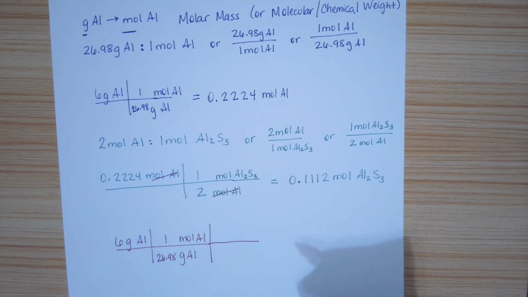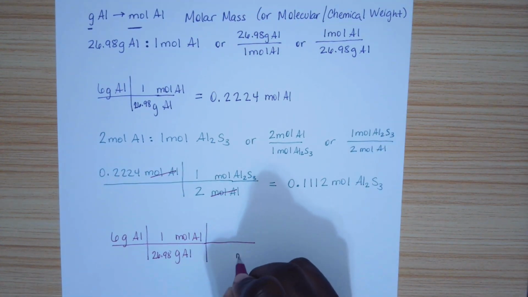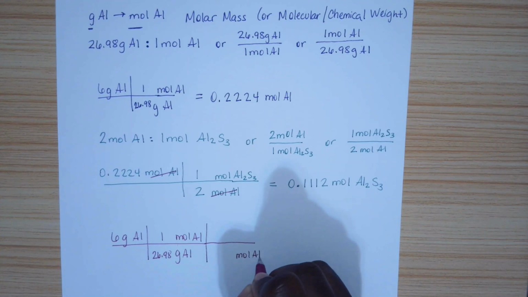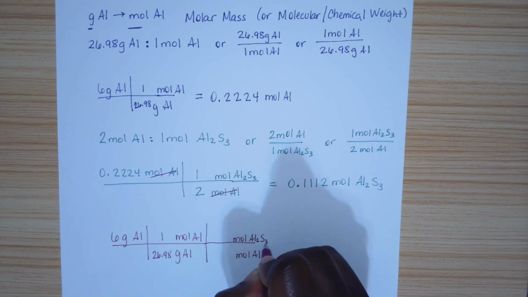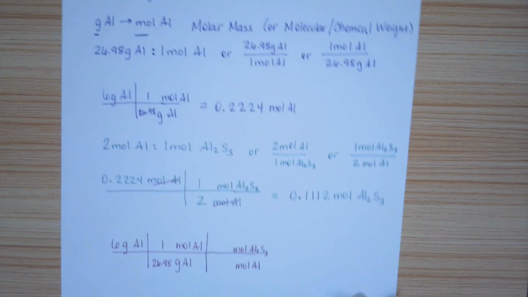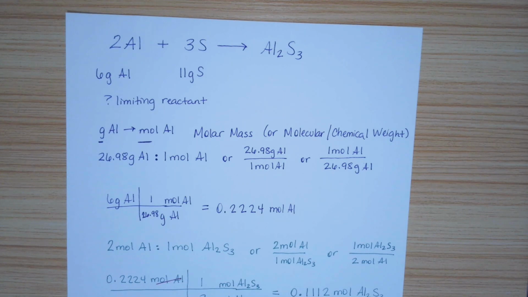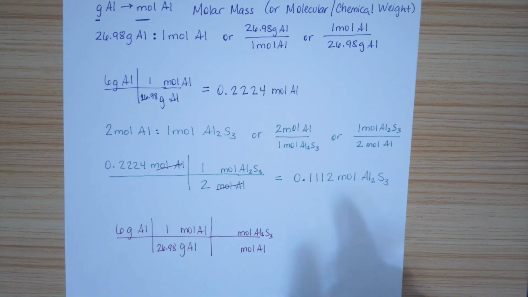Then I would use my conversion factor to show how many moles of aluminum are needed for every mole of aluminum sulfide produced. And that's based on your balanced chemical equation. So those coefficients tell you how many of the reactants are needed, how much of the product is formed. So for every 2 moles of aluminum, you have 1 mole of your aluminum sulfide product.